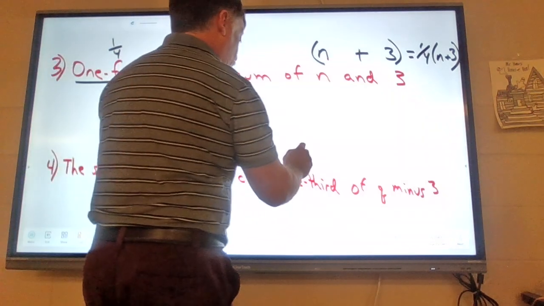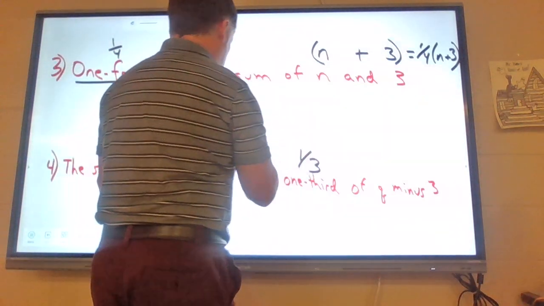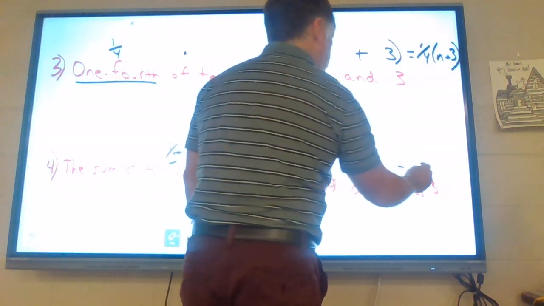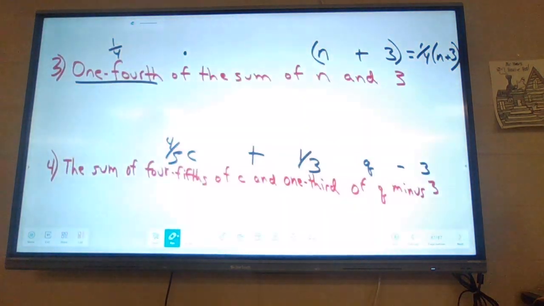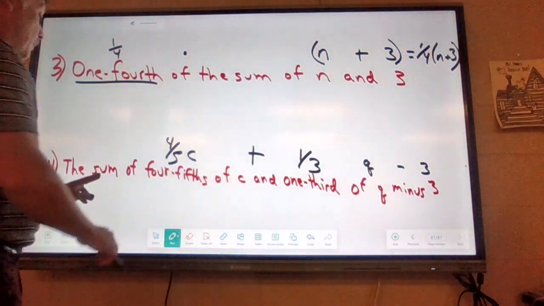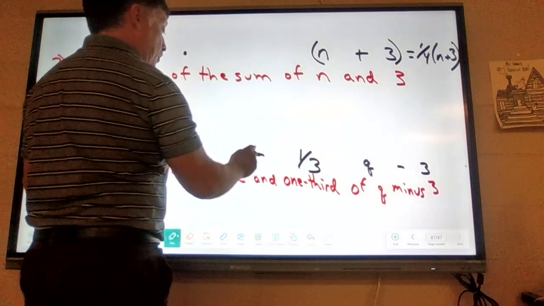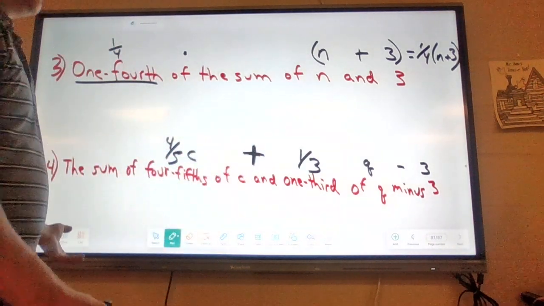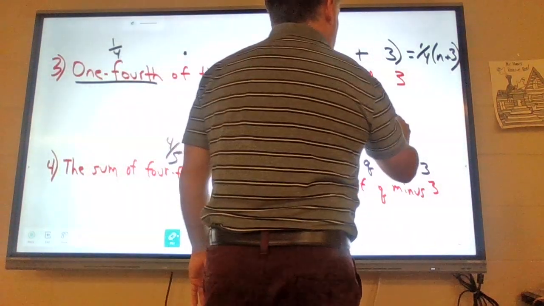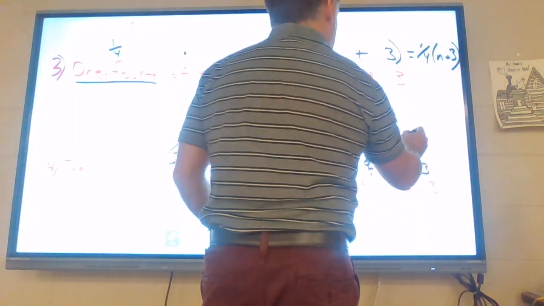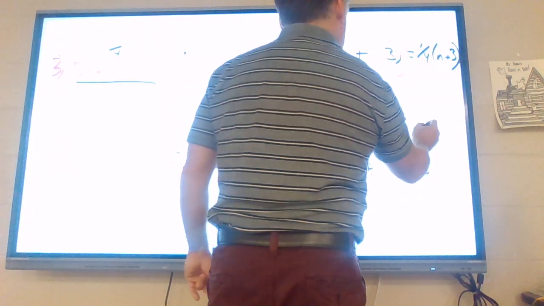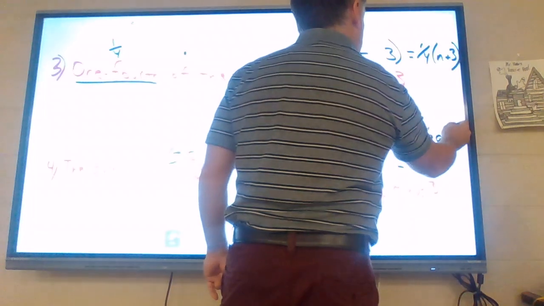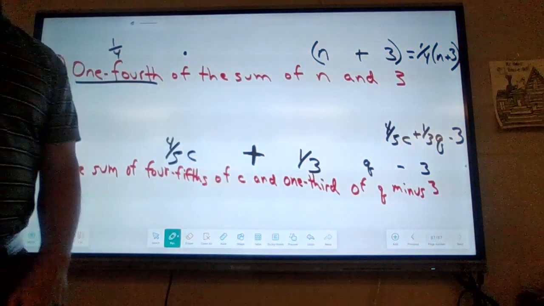Put it over top of 1/3 Q minus 3, if that helps you. Okay, I'm fine with that. So the sum and means plus, okay? So if you want to write it together, we have 4/5 C plus 1/3 Q minus 3. So there's your expression on that one, okay?